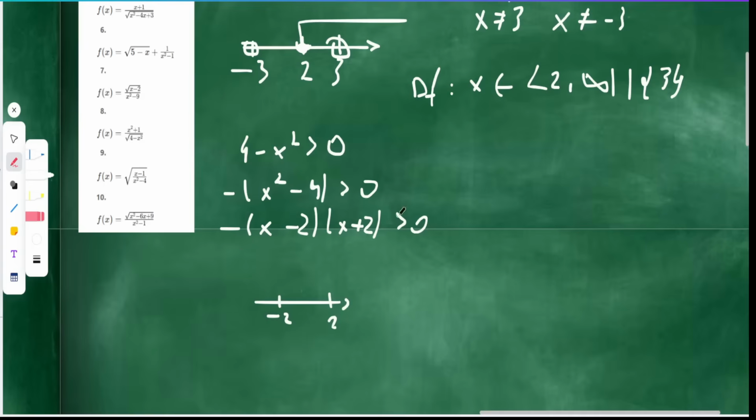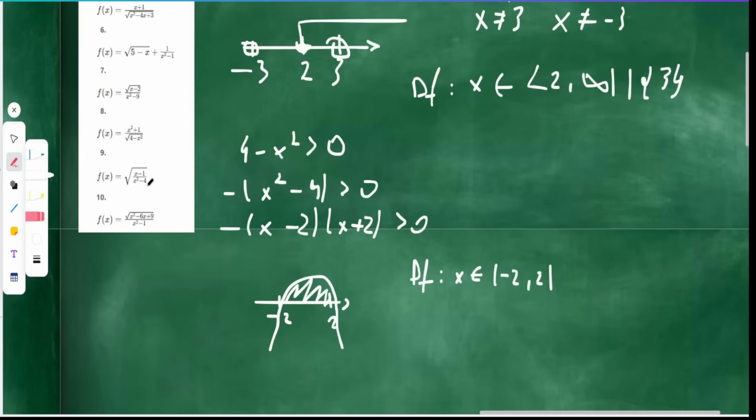Therefore, the quadratic function in such a product form is sad, that is, its arms go down. It goes this way. What we are interested in is the interval above 0, that is above the line symbolized by the x-axis. In this way, our domain of the function are all x's that belong to the set from -2 to 2.